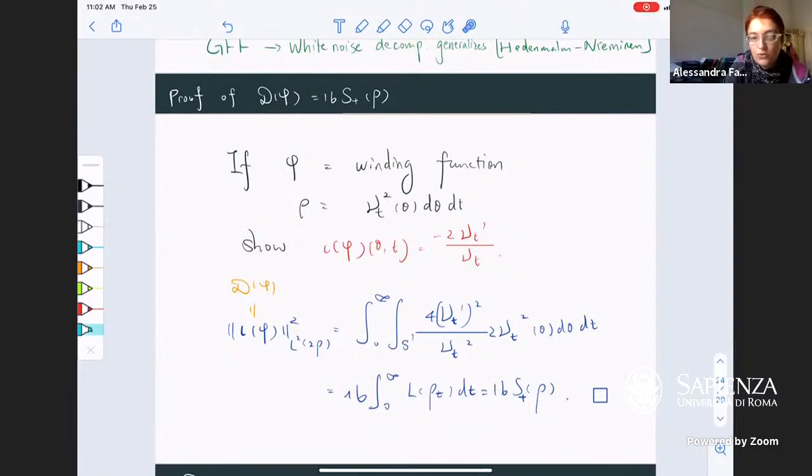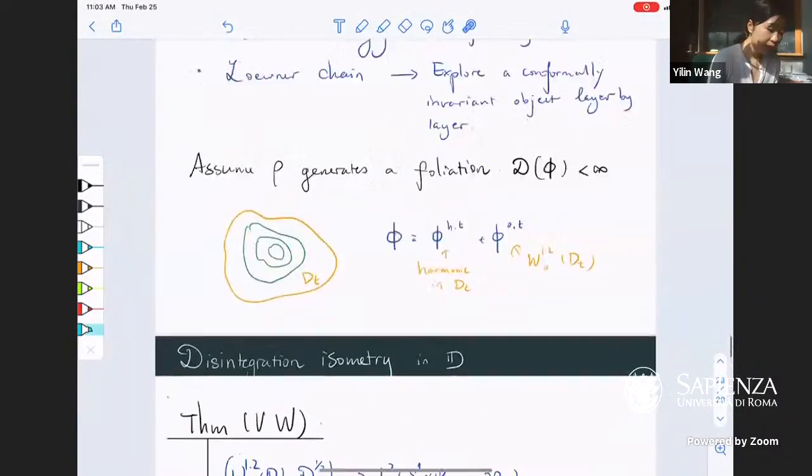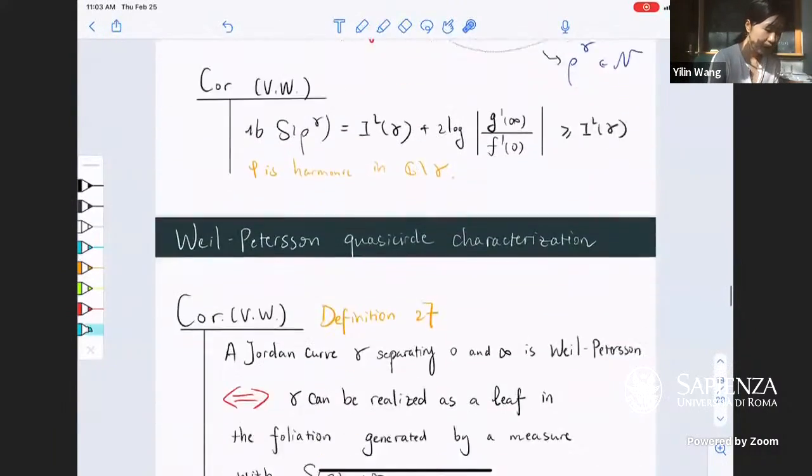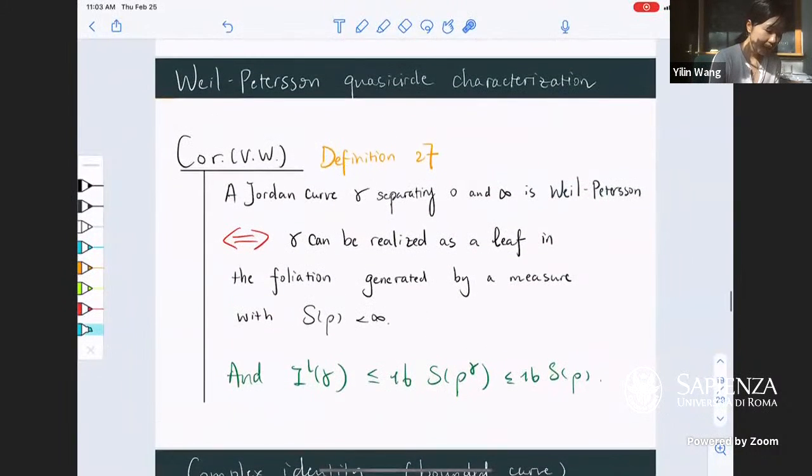Okay, there are also 2 questions in the chat. So the first one: if you can recall the difference between S rho and S rho gamma. S rho is for an arbitrary measure rho. Oh, maybe you mean this picture.